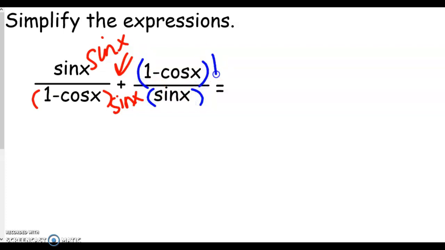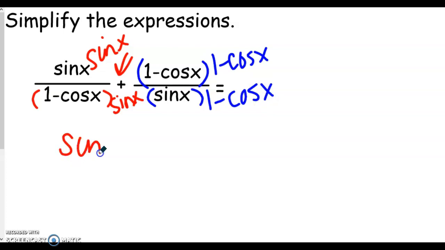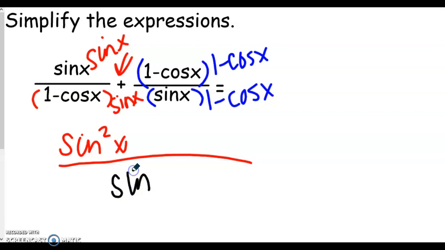I need to multiply a 1 minus cosine x onto the bottom and the top. So I've got sine squared x over here. On the bottom, I'm going to put the sine first: sine x times 1 minus cosine x. Ugh, that's not helpful.